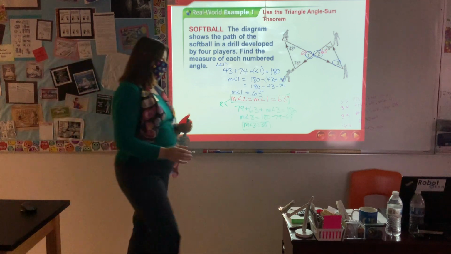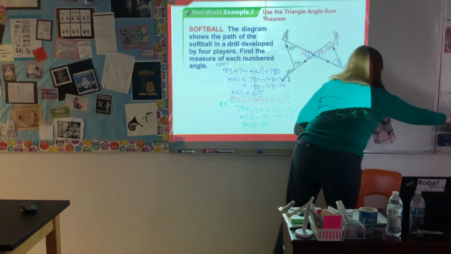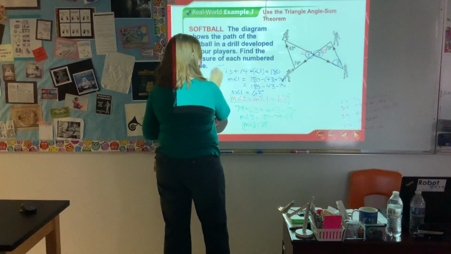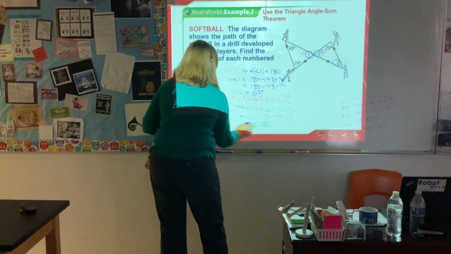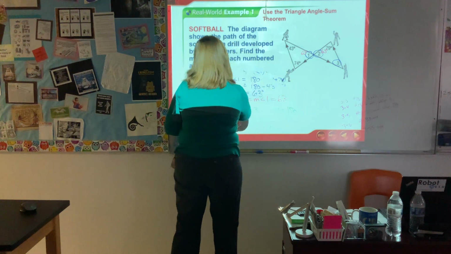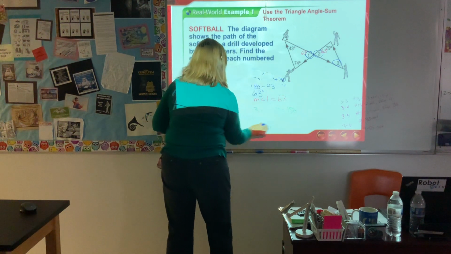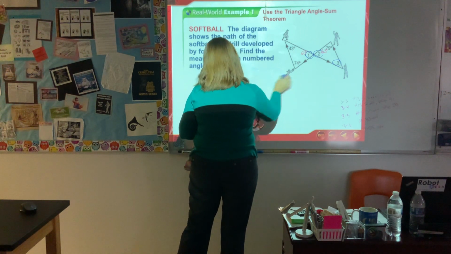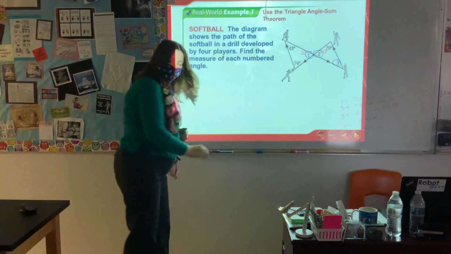Okay, so let's see if they did things in the same way. We got 63, 63, and 38. They're going to run us through it and see if we notice any differences.